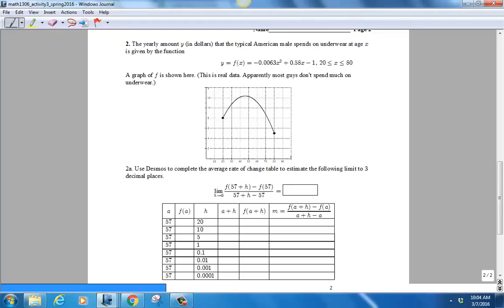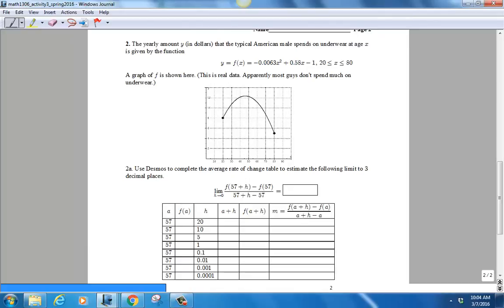So this is an applied problem. So remember now what this formula was supposed to indicate is the amount that men spend on underwear in a given year at a particular age, okay? So this is taken from real data.